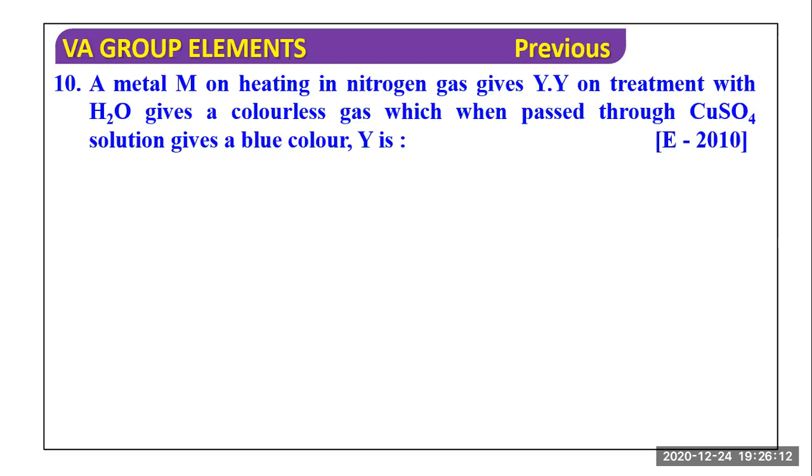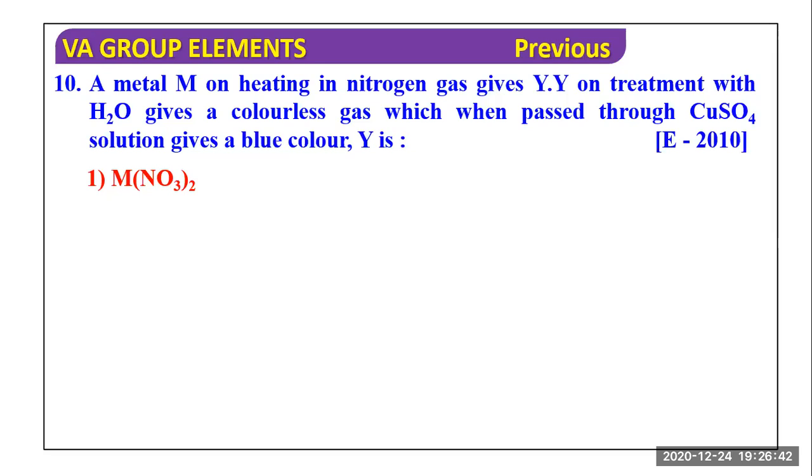Metal M on heating in nitrogen gas gives Y. It may be a metal nitride. On treatment with water, it gives a colorless gas which, passed through copper sulfate, gives a blue color.